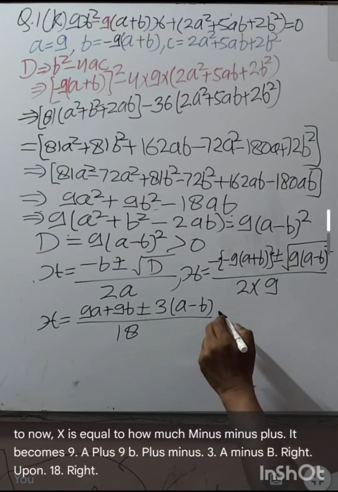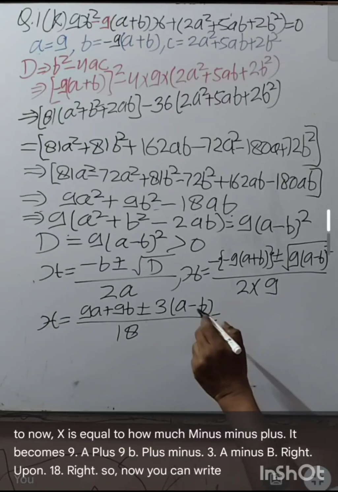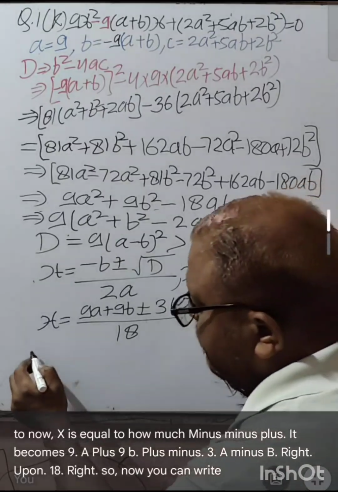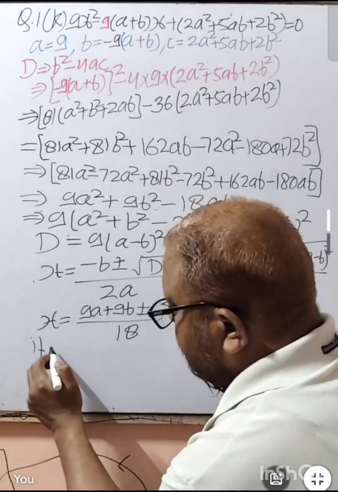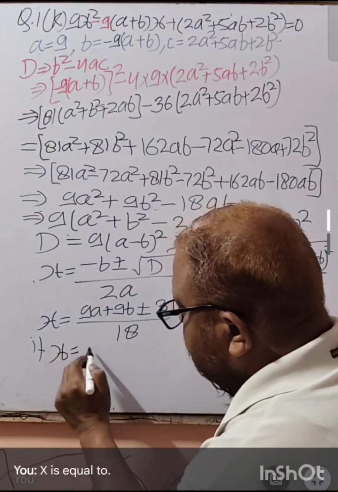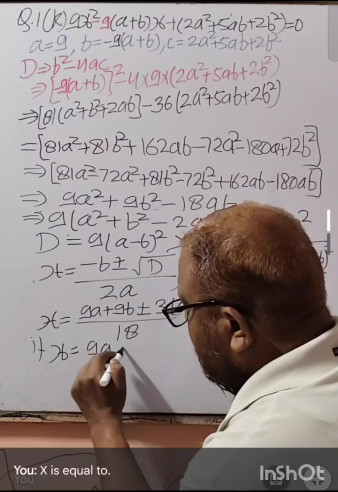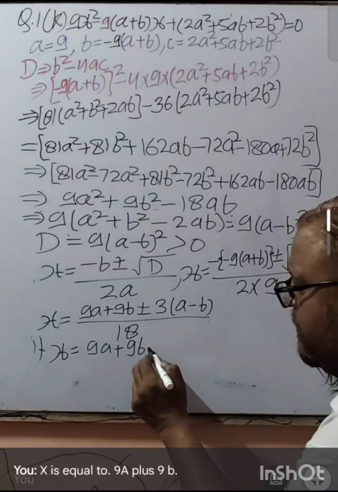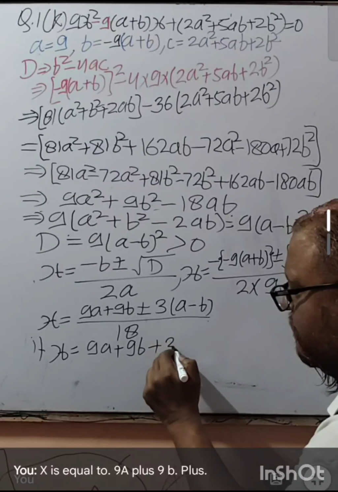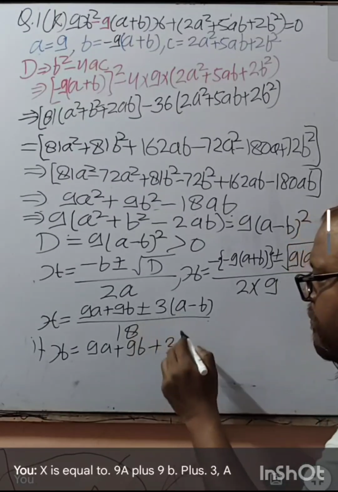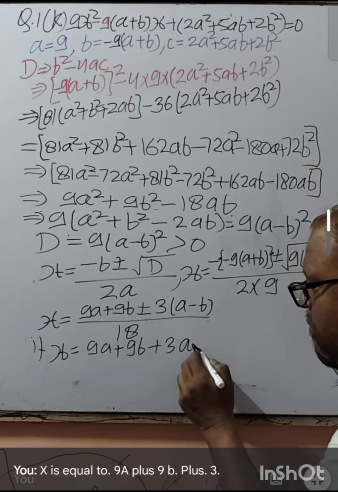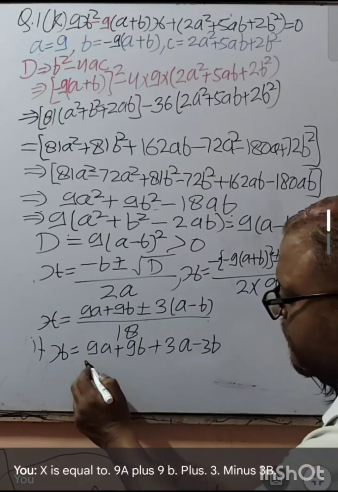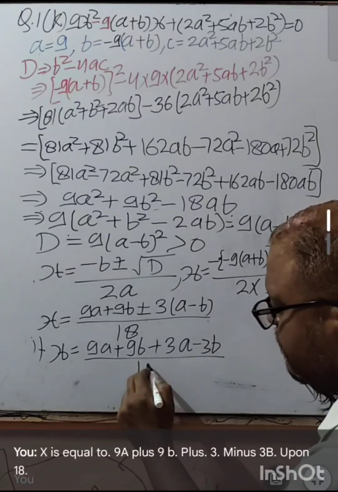Right? So now you can write, if x is equal to 9a plus 9b plus 3a minus 3b upon 18.